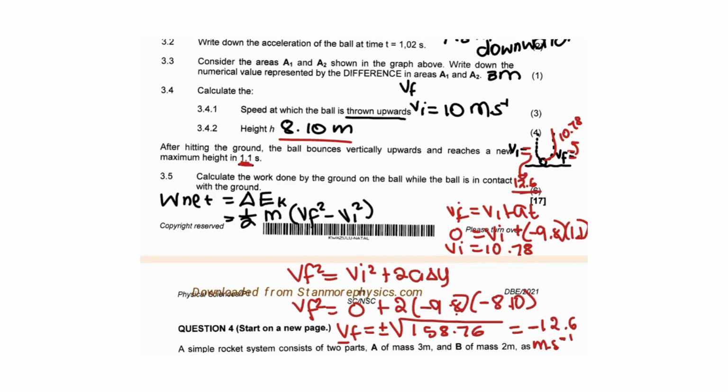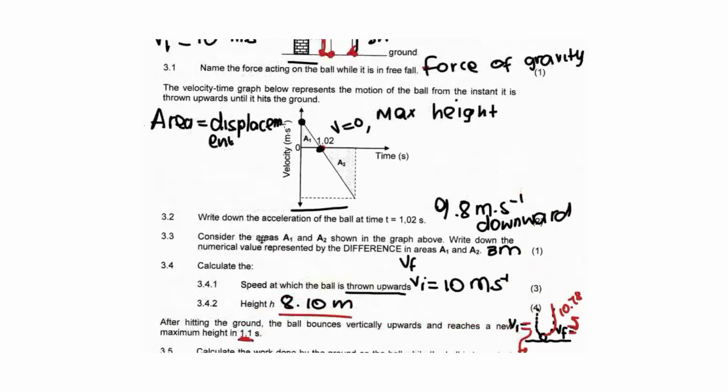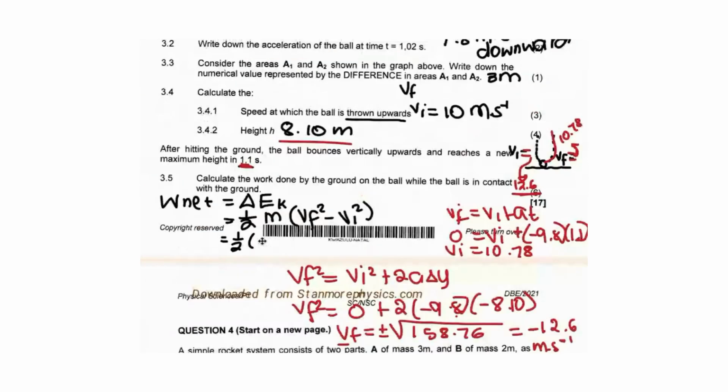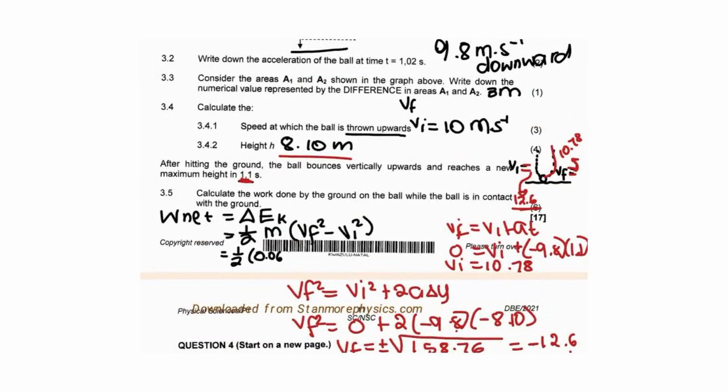It means I can now use V net is change in EK, because I now have the velocities. 1/2, then the mass of the ball was 0.06, and then V final, because it's positive, is 10.78 squared, minus V initial, which I'm going to put as negative 12.6, but it won't matter because I'm going to square it anyway.